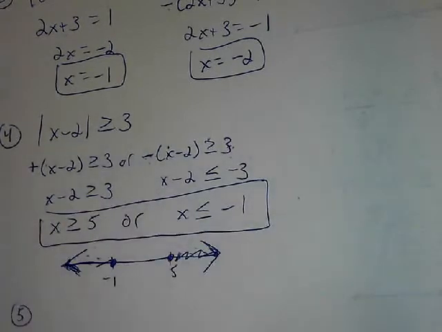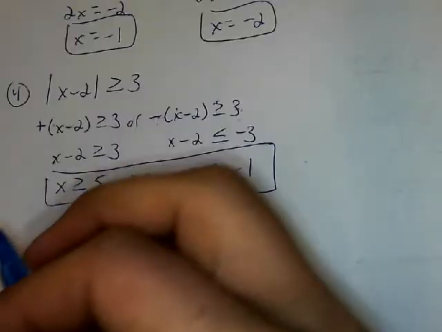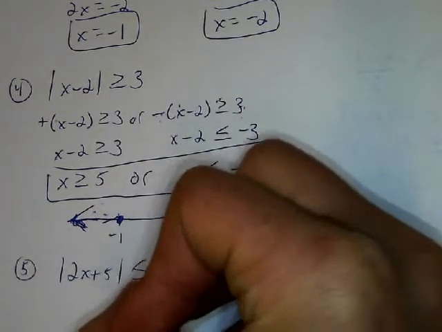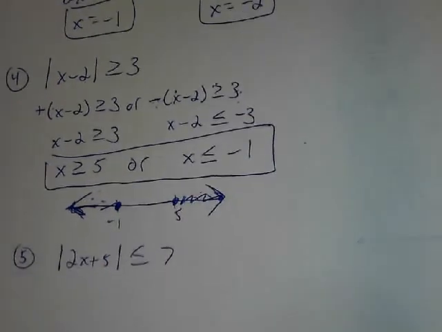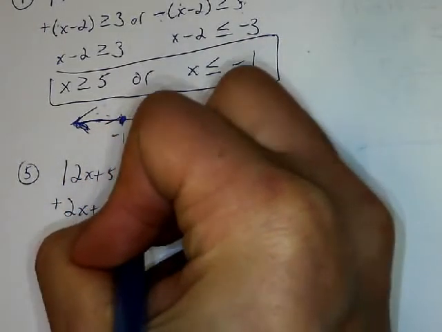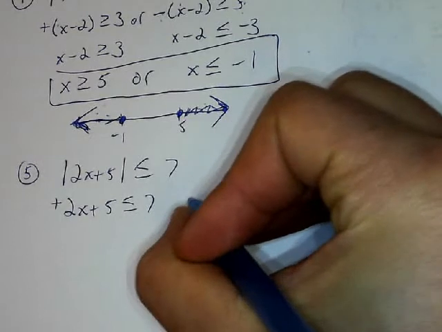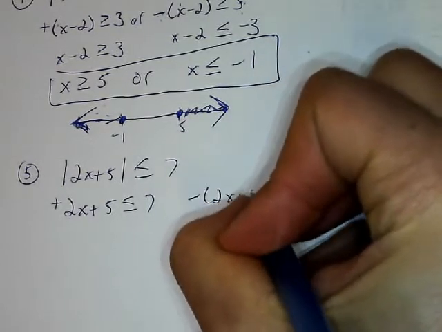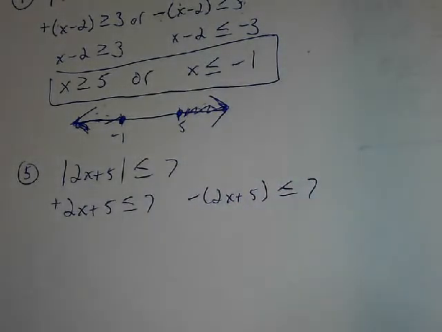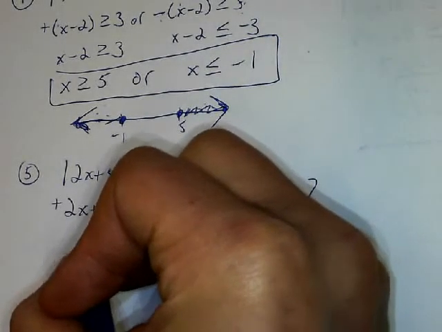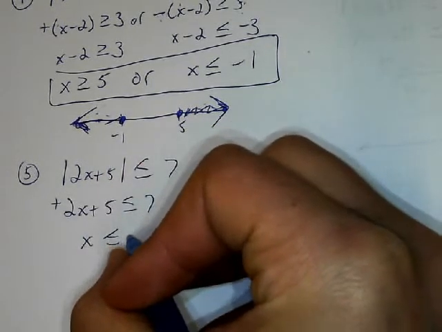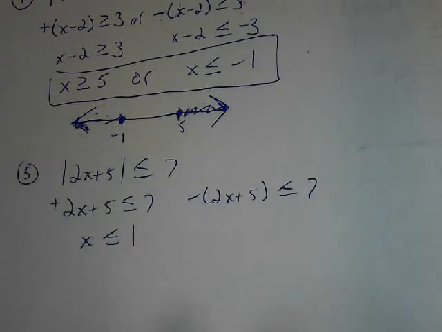Let's compare that to the next problem, where it is the absolute value of 2x plus 5 is less than or equal to 7. Again, if you write this in terms of its halves, it's positive 2x plus 5 is less than or equal to 7, and negative (2x plus 5) is less than or equal to 7. If we solve the first part, x must be less than or equal to 1.